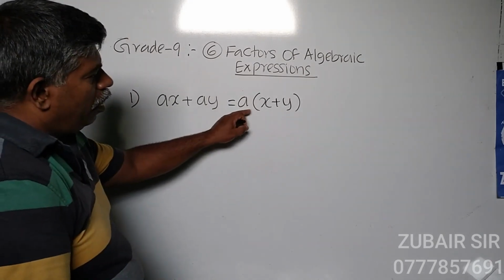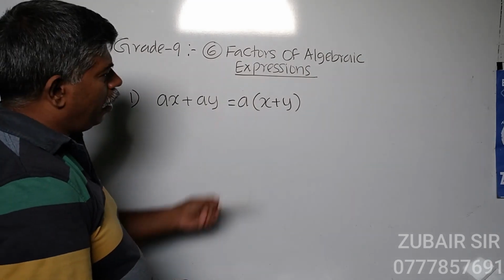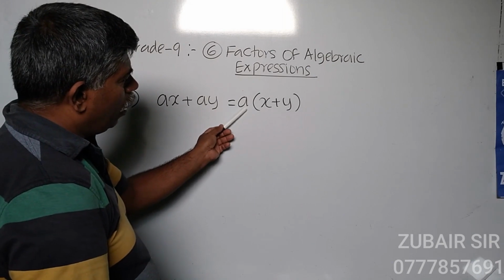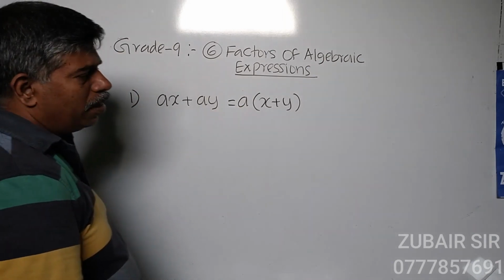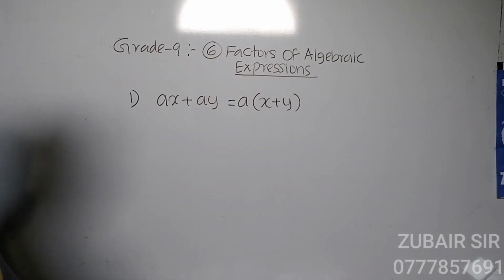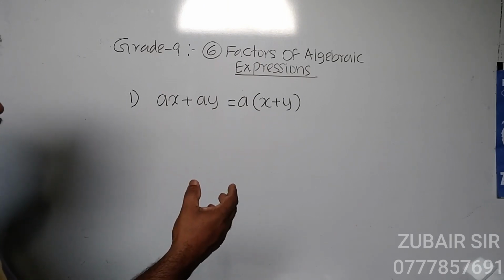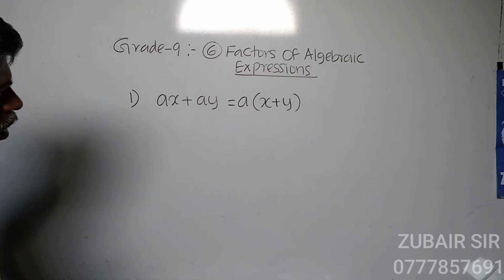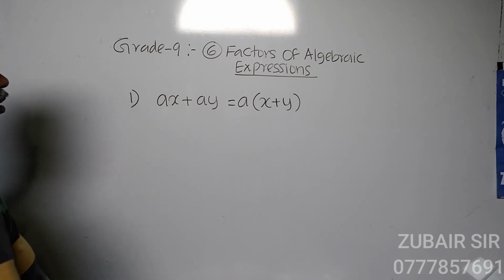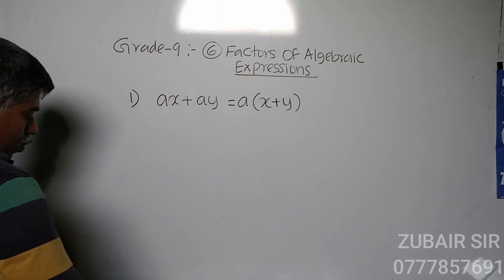Then a bracket x plus y, a into x plus y. So a and x plus y are the factors of this. Like this, we can separate the common number or common letter and make the brackets by using this system.